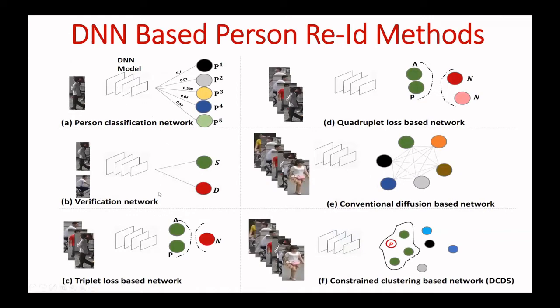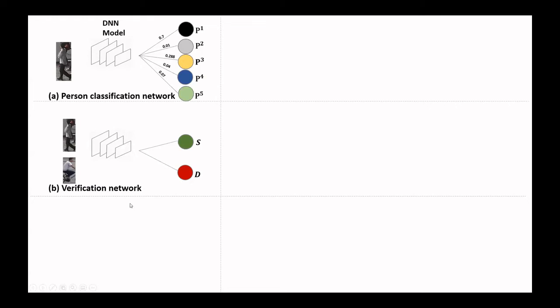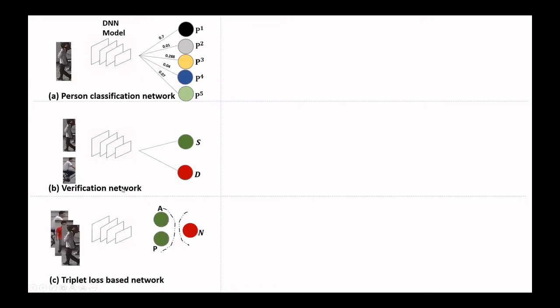So this is one simple one. Another is called verification network or Siamese network. The idea is that we take two images and we want to determine if they are similar or dissimilar. That way also we can learn features.